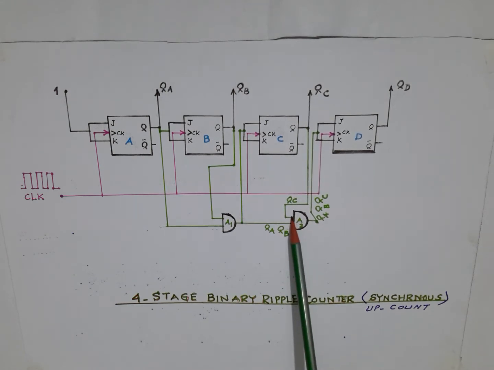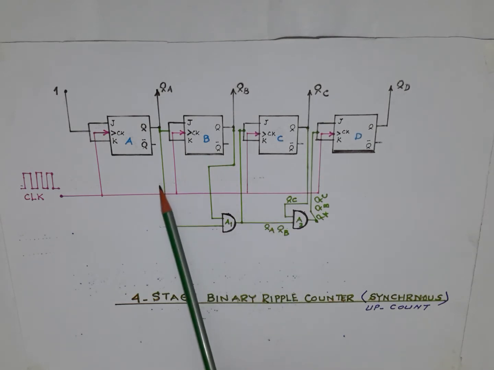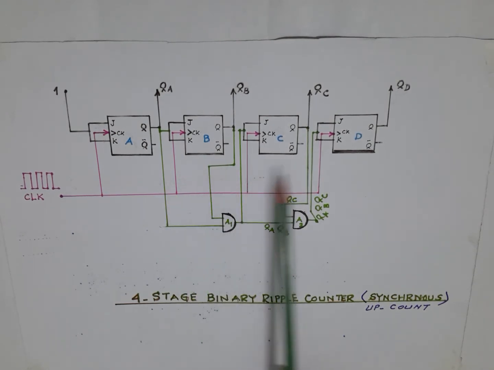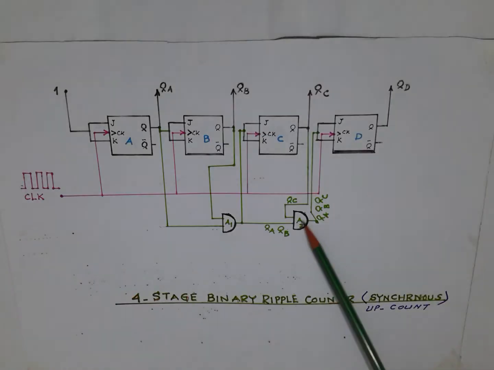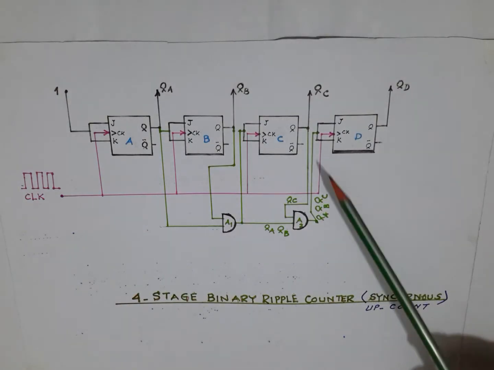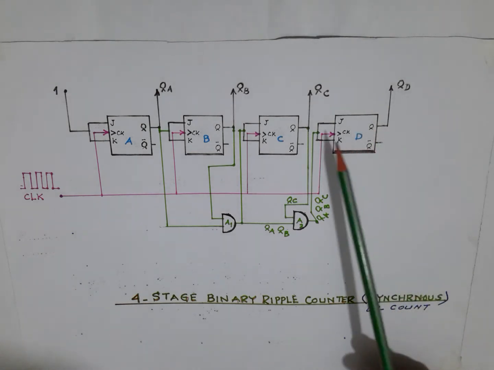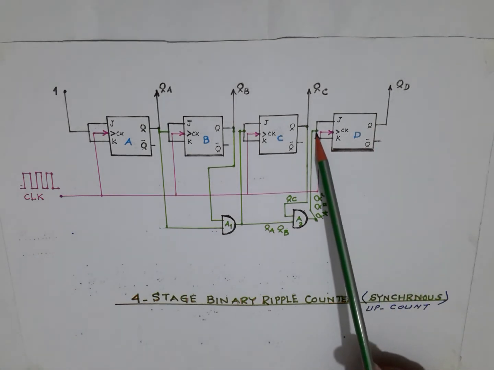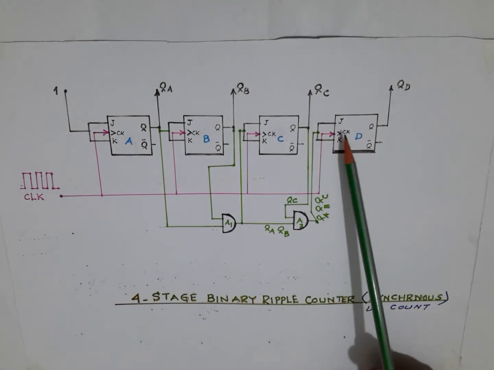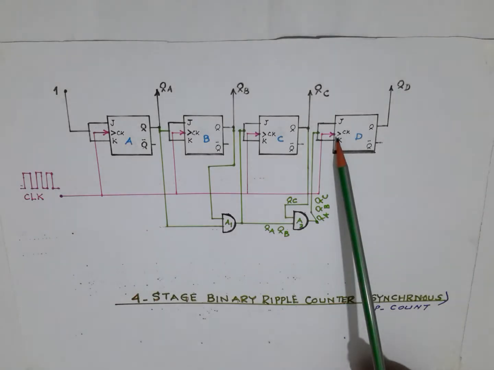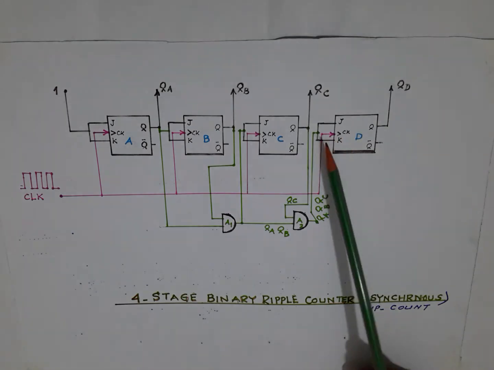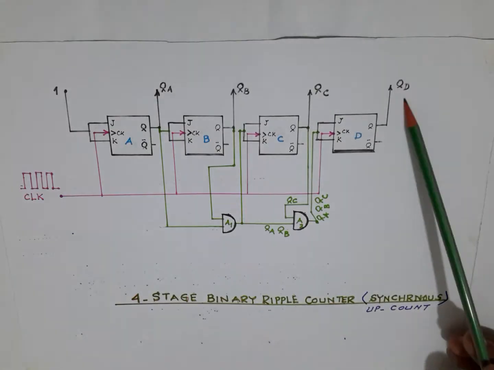Now all the 3 inputs, QA is 1, B is 1, C is 1 with green color, going to AND gate 2, and the output of the AND gate is 1. This one is applied at the JK terminal of the D flip-flop, and on the 8th pulse this is going to toggle from 0 to 1. The output will rise from 0 to 1.